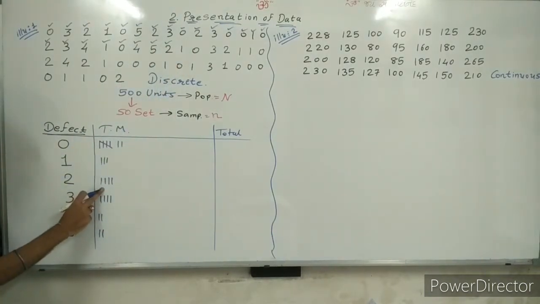So here also 5 tally marks. So the 5th tally mark should be crossed.